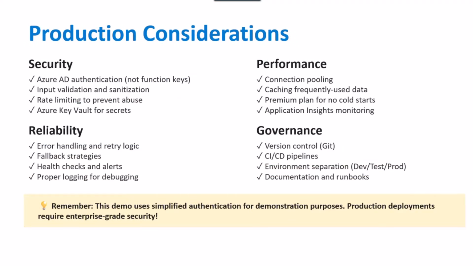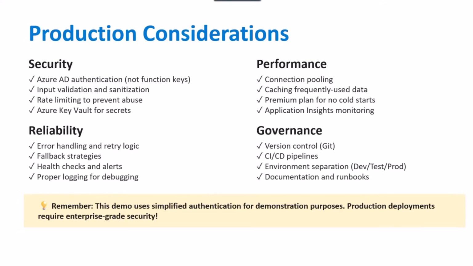So in production, I used function keys here, but we would use Azure AD authentication. Make sure the input validation is done correctly. You do not want QR codes for random names and email addresses.